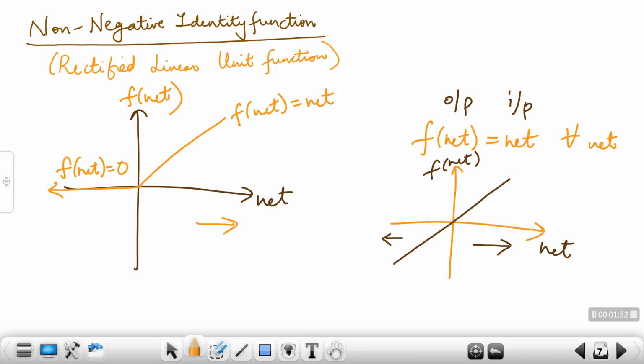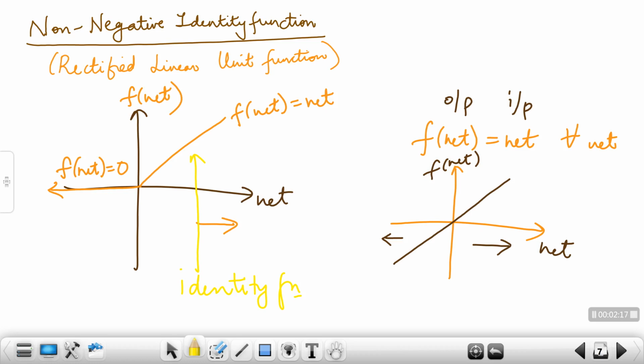So it acts as an identity function only in the positive range, or it is a linear function in the positive range. It is also called the rectified linear unit function. What is the meaning of rectified?